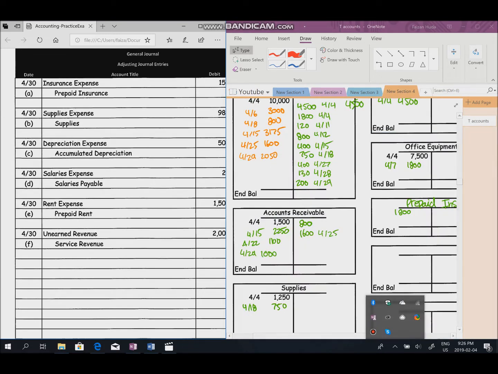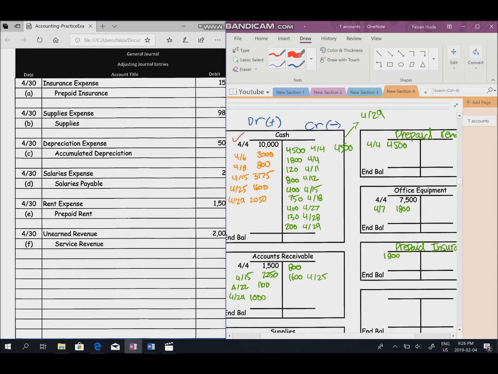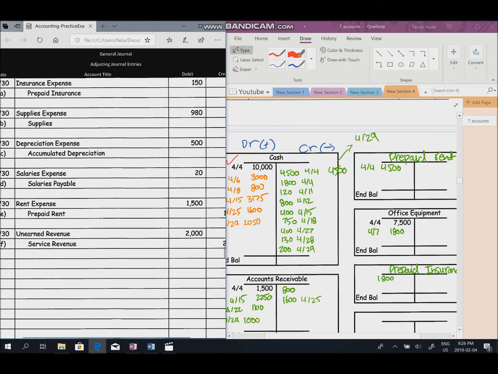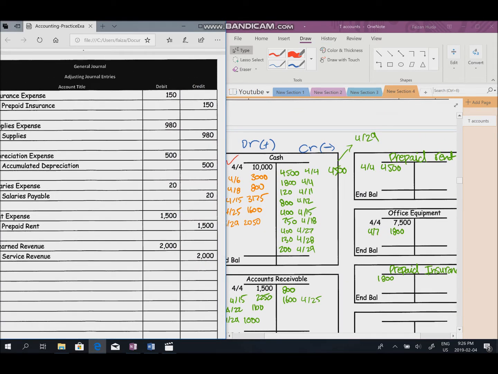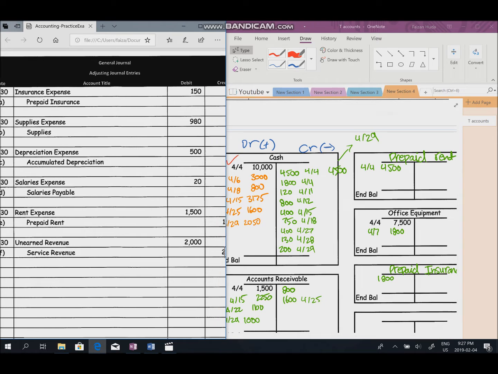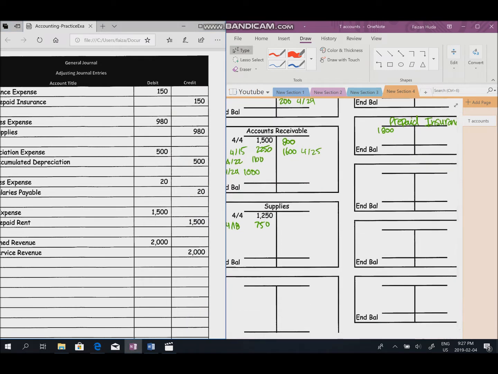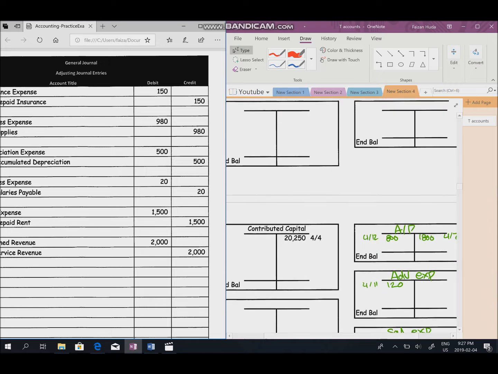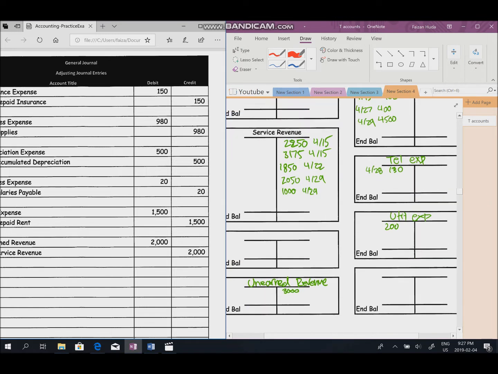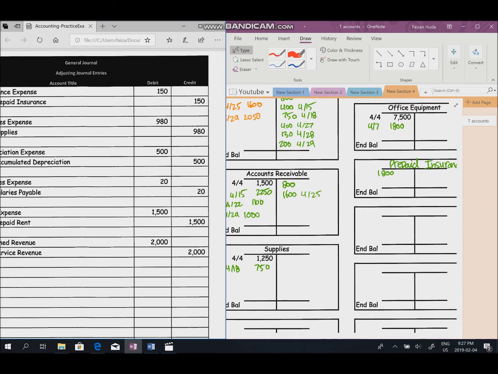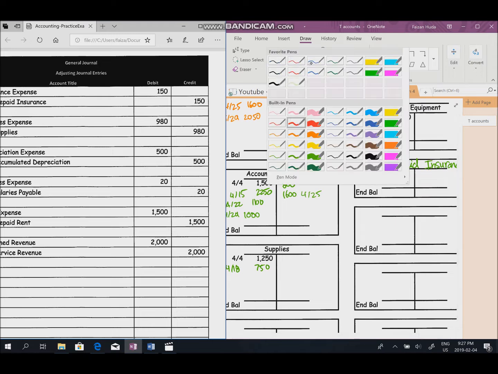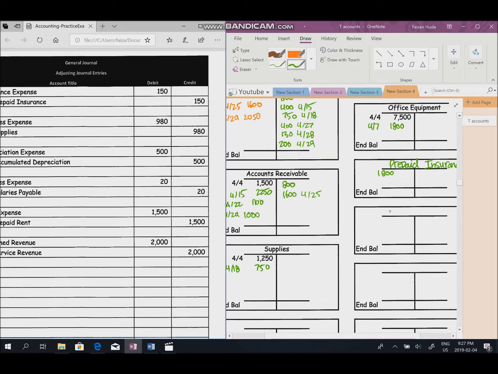Now we're going to post our adjusting entries to our T accounts. I'm going to do this real quick. It's basically just copy pasting to your T account. This is insurance expense on April 30th, 150. I believe there's no insurance expense account, so I'm going to make one right now, and then one under prepaid insurance.